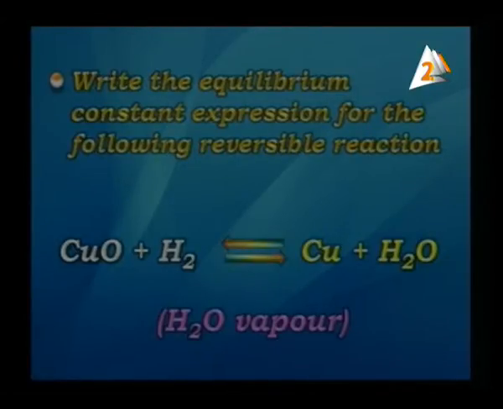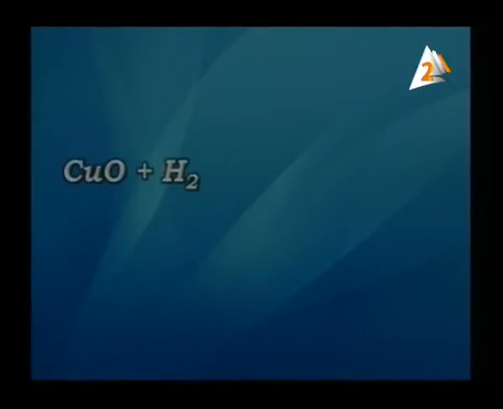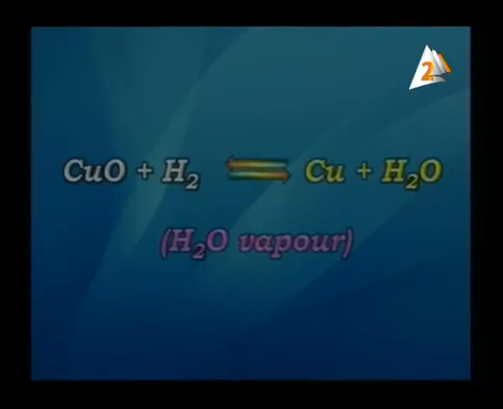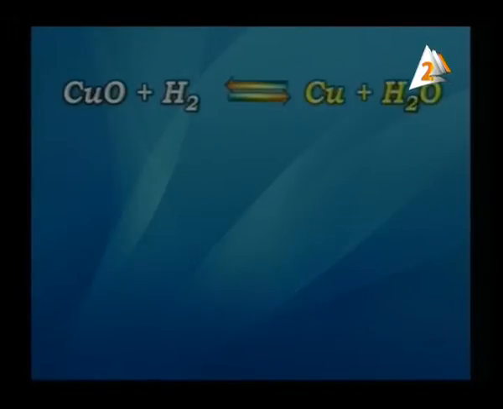We will know this through the answer. So the answer will be CuO plus H2, reversible reaction, giving Cu plus H2O. Here the H2O is water vapor in the gaseous state.